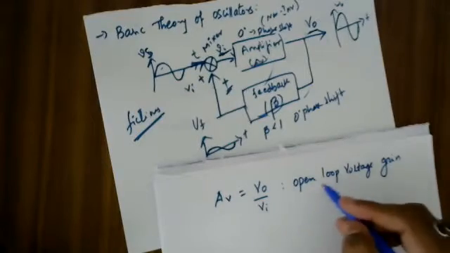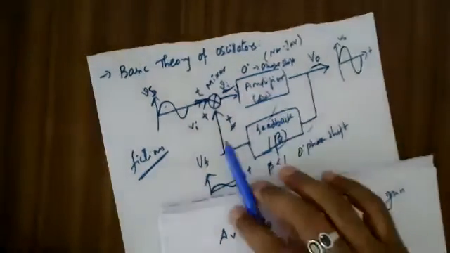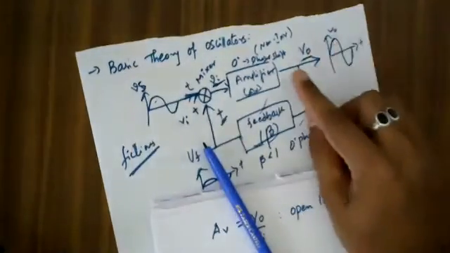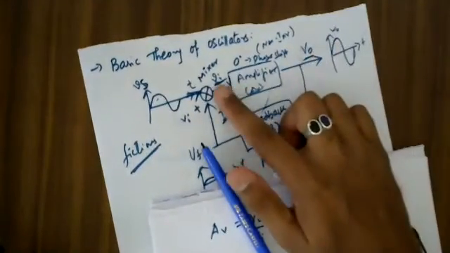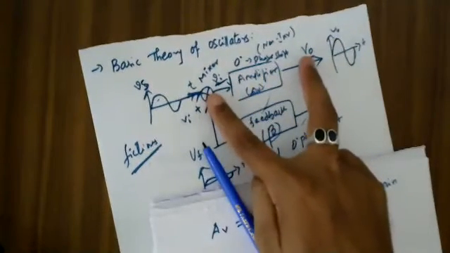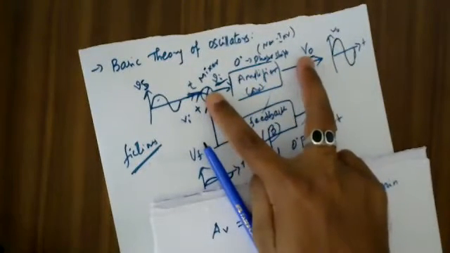Why is it called open loop voltage gain? Because if you observe your circuit, you are not considering the feedback path. You are considering only the output and your input. So only this section you are considering, so this becomes your open loop system. Understanding?